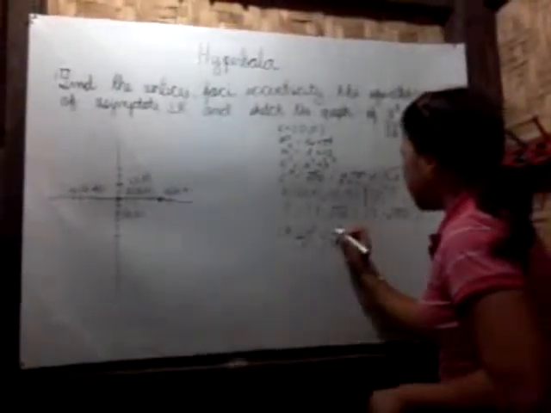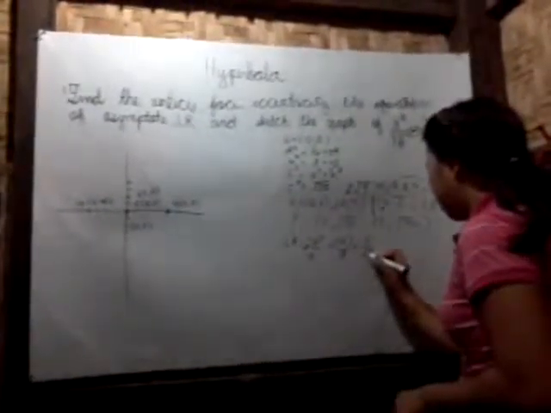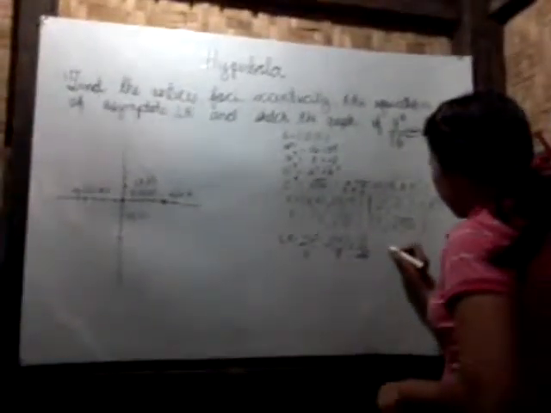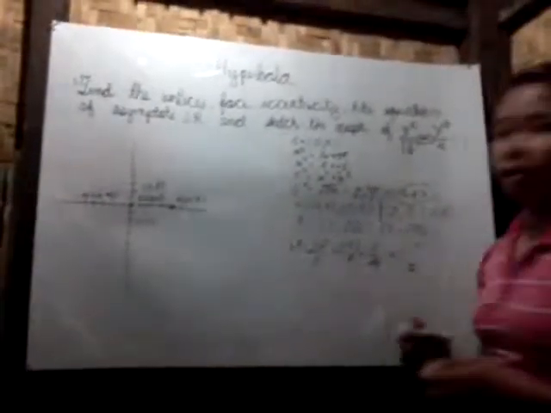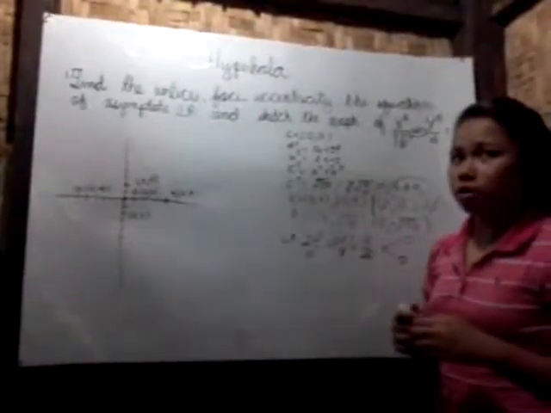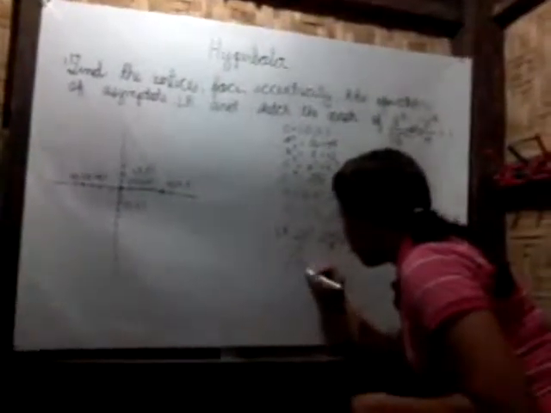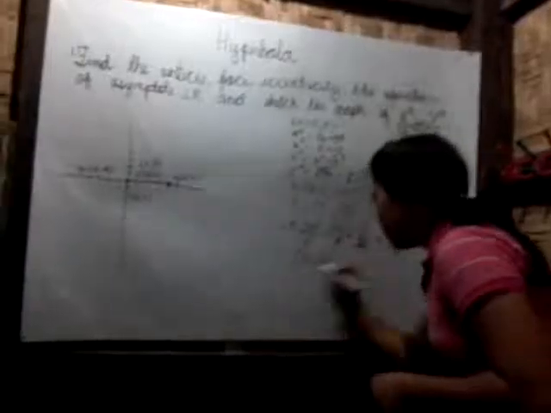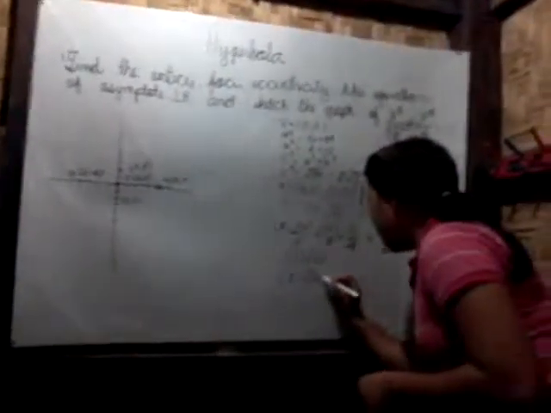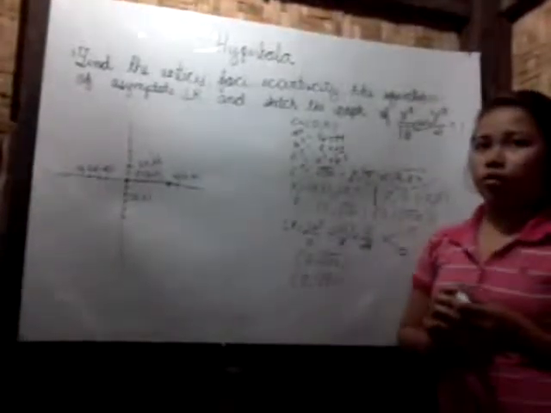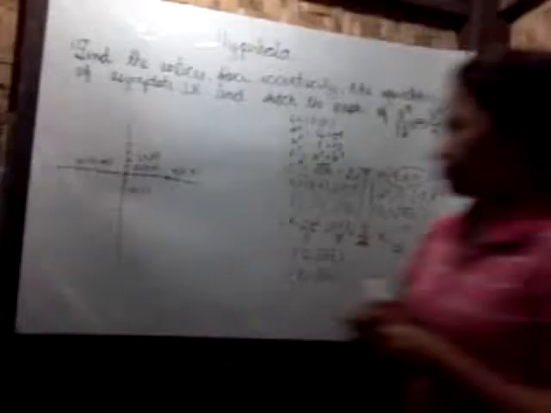I forgot the 2, so it is 8 over 4, which reduces to 2. That is the LR. Now let us proceed to the graphing.